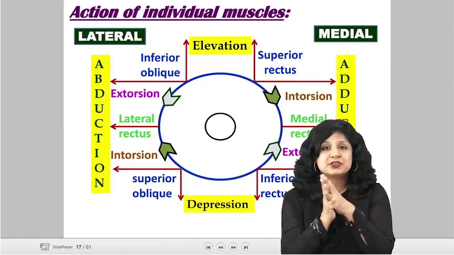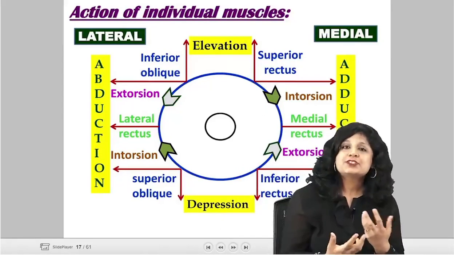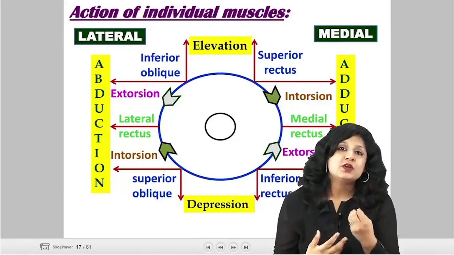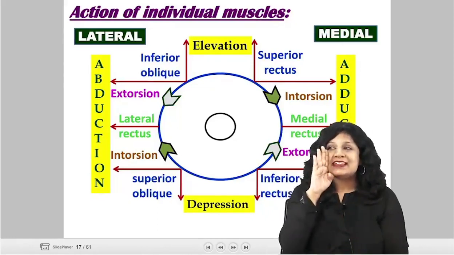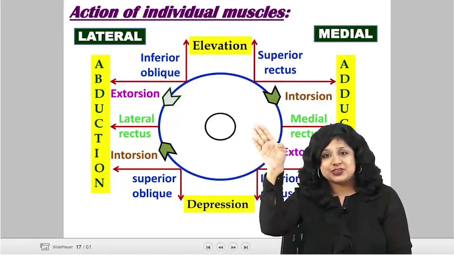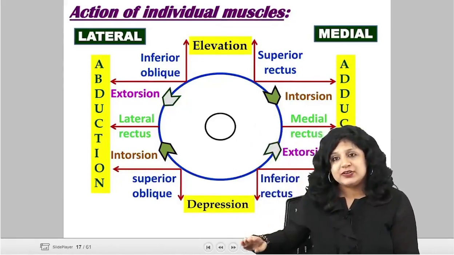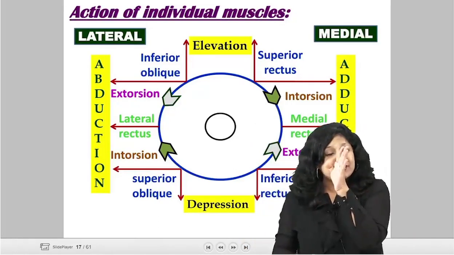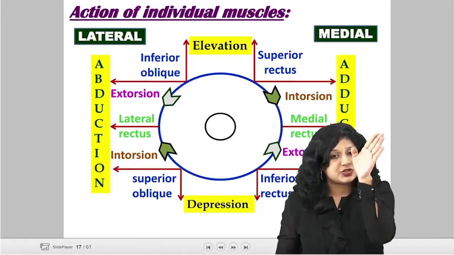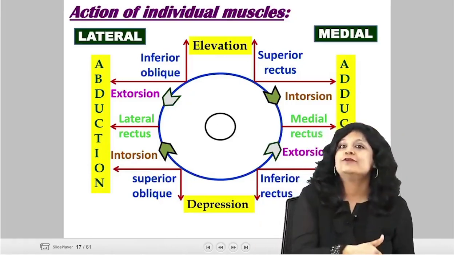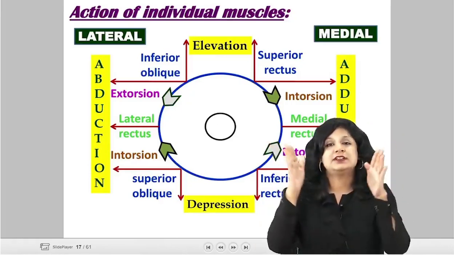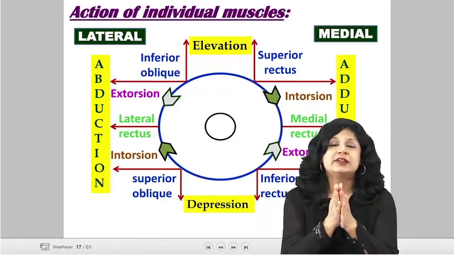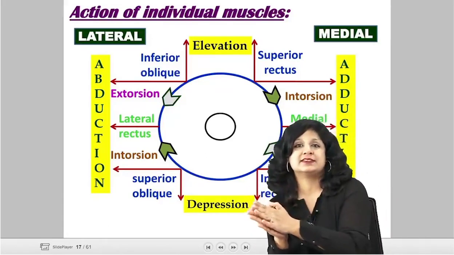What are tertiary positions? Tertiary positions means when I am using the combinations right and up, dextroelevation, right and down, dextrodepression, left and up, levoelevation, left and down, levodepression. So these are 4 tertiary positions. So total 9 positions of gaze.